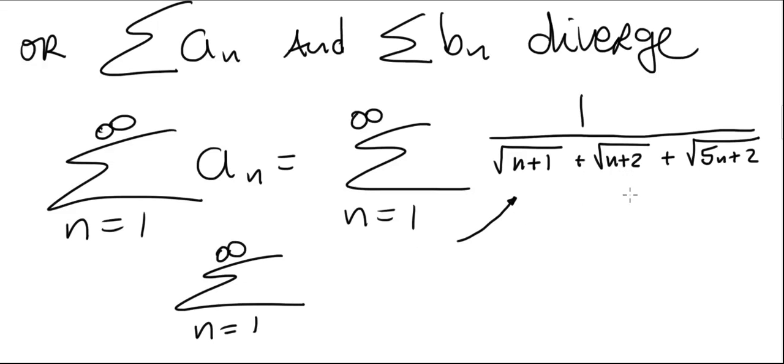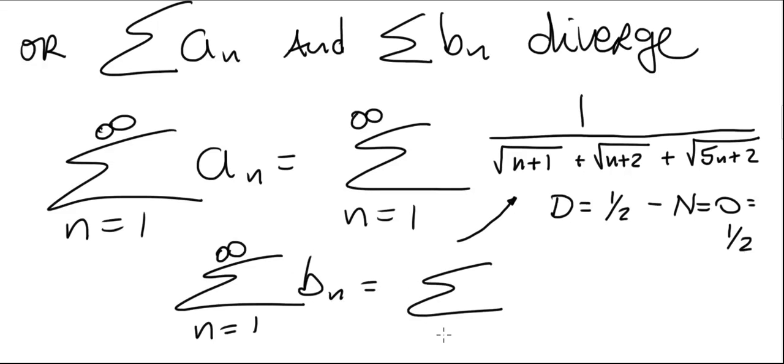The highest power of n in the numerator is 0. The highest power of n in the denominator is n to the 1/2, so we'll call it power 1/2, and the difference between them, denominator minus numerator highest power, is equal to 1/2. And that's the way we're going to select our b sub n series.